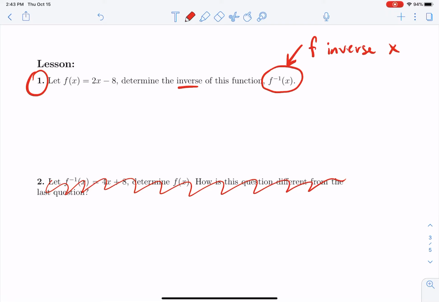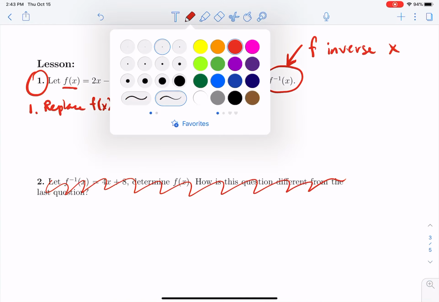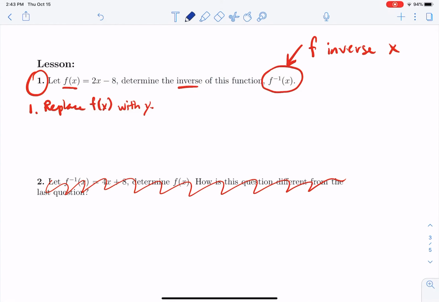Okay, so now there's actually a procedure we're going to follow here to find that inverse. The first thing we're going to do is replace f of x with y. So I know f of x is the same as y. So I'm going to rewrite my function here as y equals 2x minus 8.